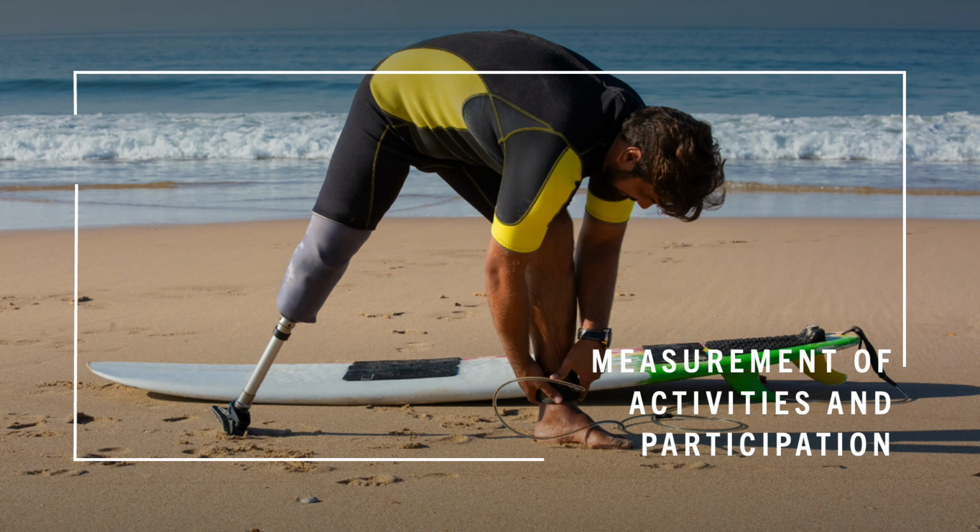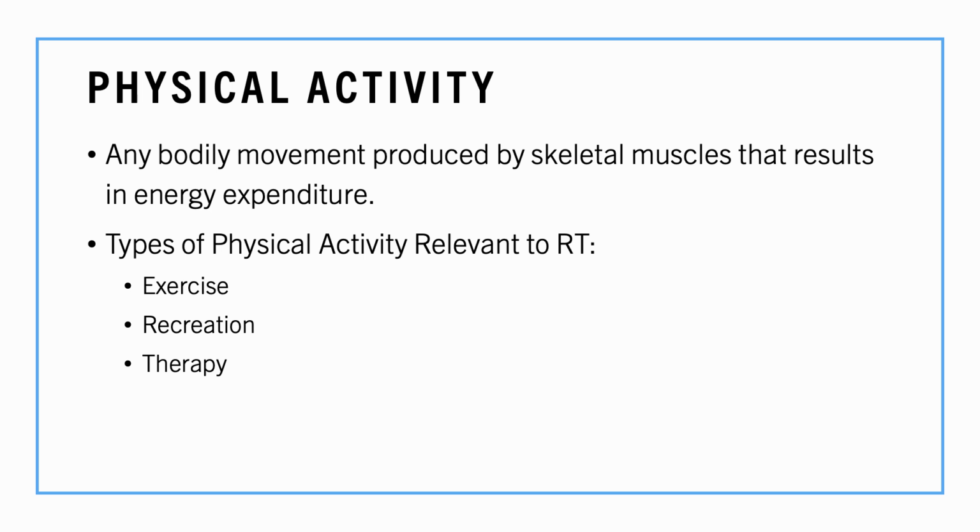So measurement of activities and participation. So looking at physical activities, that's any bodily movement produced by skeletal muscles that results in energy expenditure. So types of physical activity that can be related to recreation therapy are exercise, recreation, and therapy.